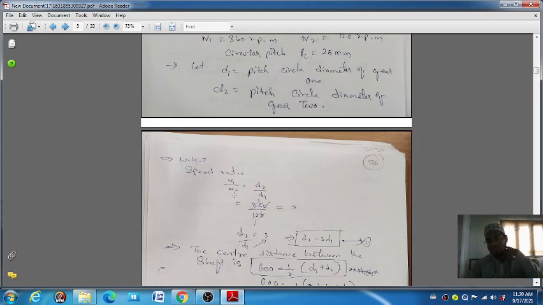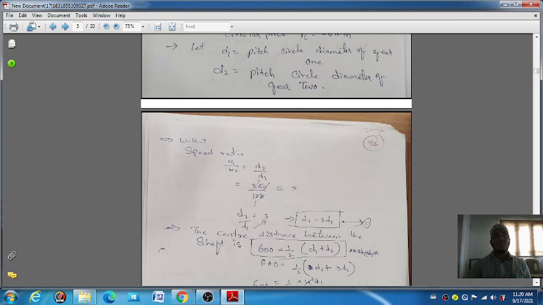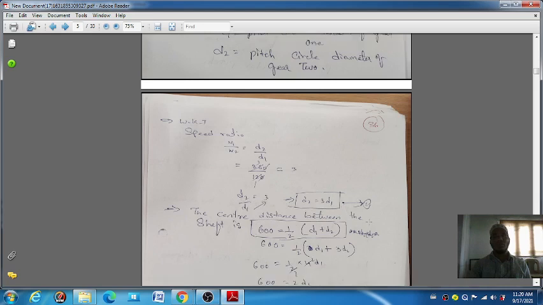N1 and N2 are 360 by 120. Just substitute the value in the calculation, then you will get that value 3, so D2 is 3 D1 here. So make this equation 1.